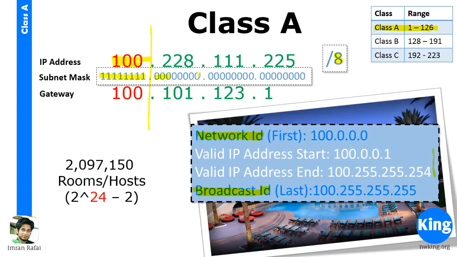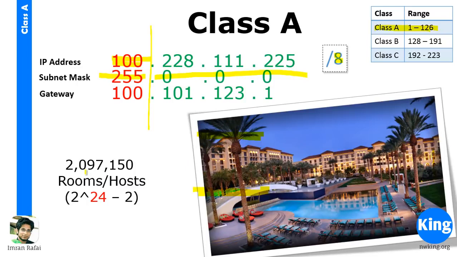To know how many valid IP addresses there are in this range, we use the same formula: 2 to the power of the number of host bits, which is 2 to the power 24, minus 2 to deduct the first and the last IP, and we get 2,097,150, which is a massive network. Even if you compare it with our hotel analogy, it is absolutely impossible to control a hotel of this size.